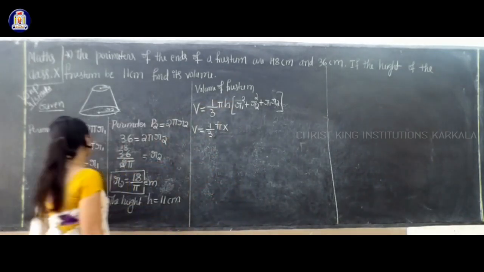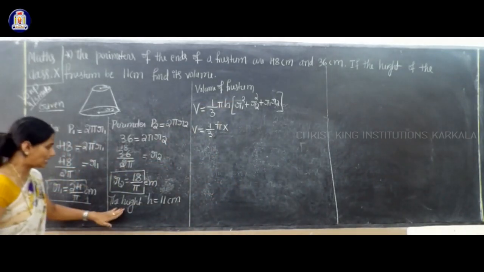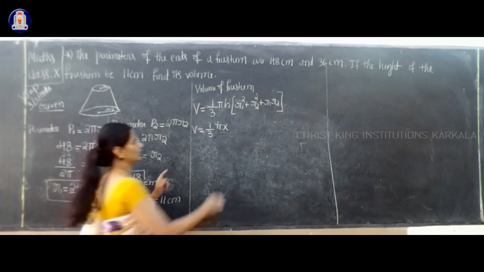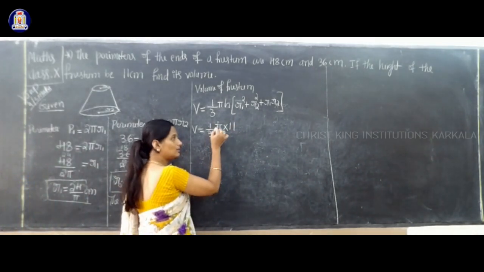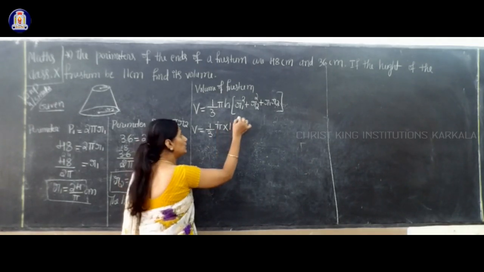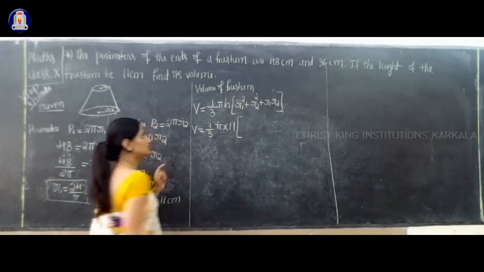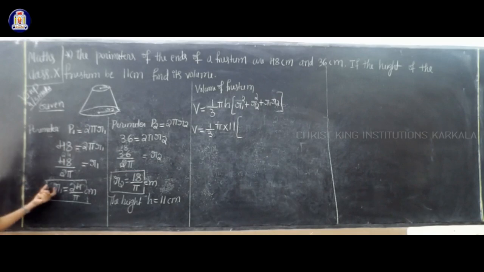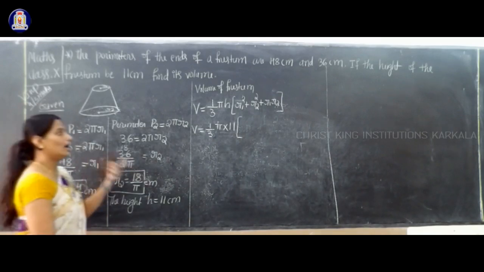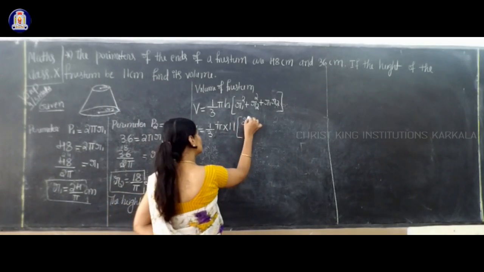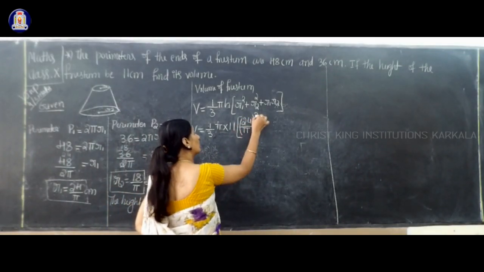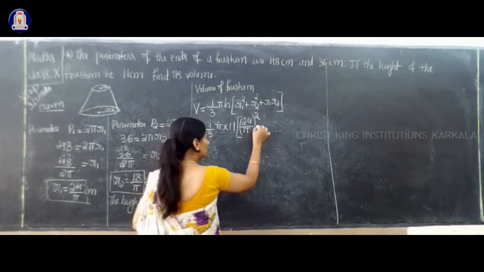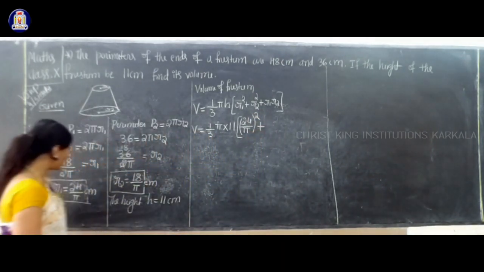Into H, how much? The height of the frustum is 11. This is pi. 1 by 3 pi into 11, R1 square. What is the radius of the first circle? R1 is 24 by pi. I need R1 square, it is 24 divided by pi whole square. R1 square plus R2 square.